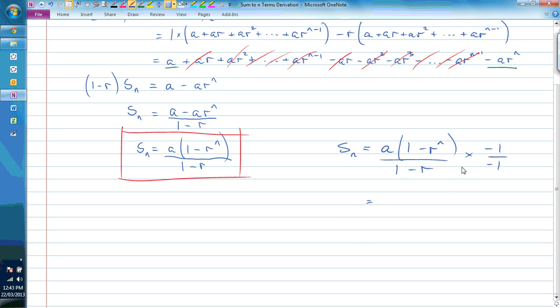But if we do that, multiply minus 1 on the top, multiply it on the bottom, I'm going to get this. 1 times minus 1 is minus 1, minus r times minus 1 is plus r. Now on the top of the fraction here, I can multiply the minus in and do a similar kind of thing to what I've done on the bottom.